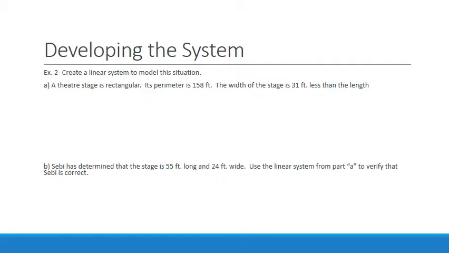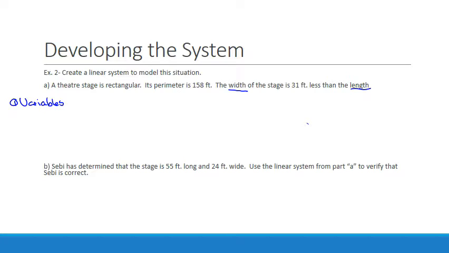The width of the stage is 31 feet less than the length. So the first thing we'll have to do is we need to come up with some variables to represent these unknown quantities. What we're looking for in this question, I didn't word it so great here, is that the unknown quantities are the width and the length.